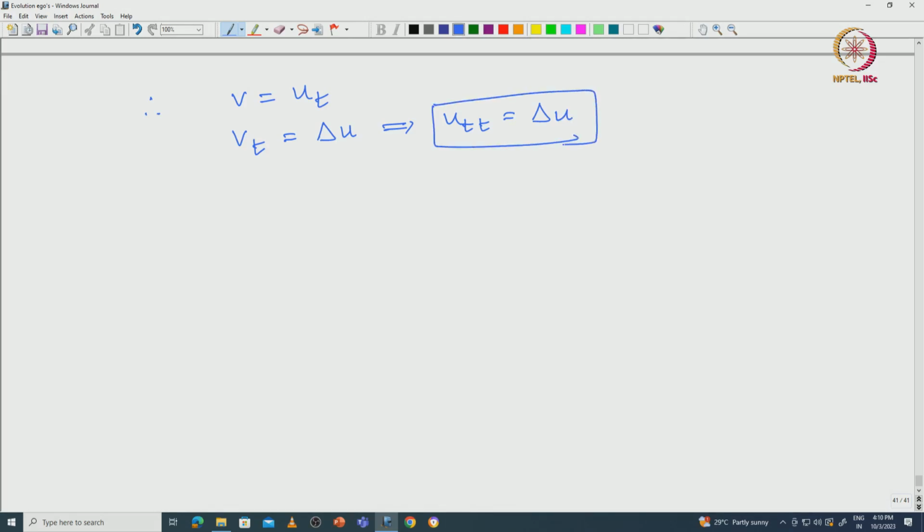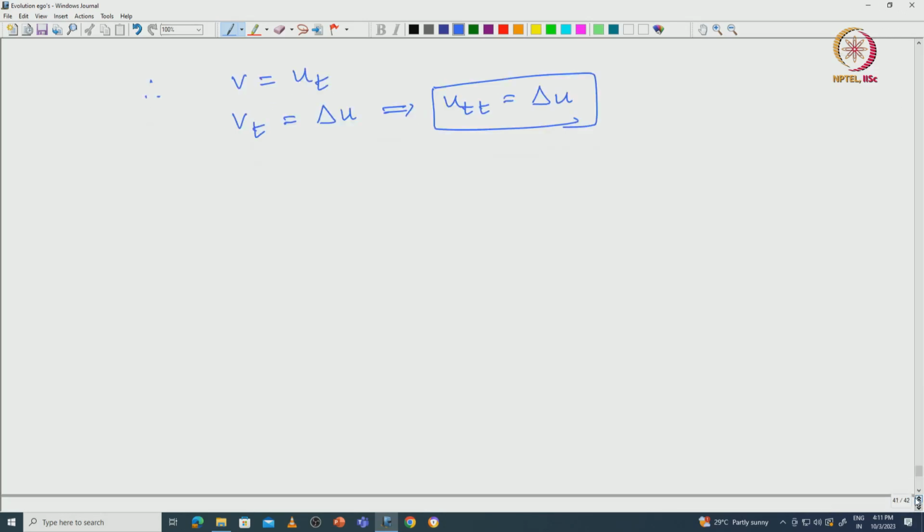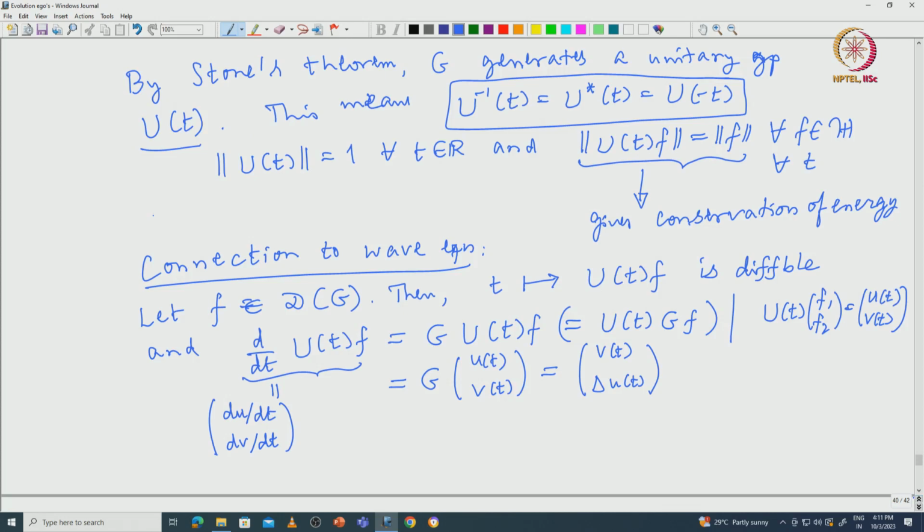So the first component of this operator, namely U t, becomes the solution of the wave equation.